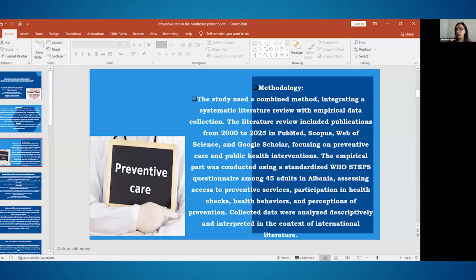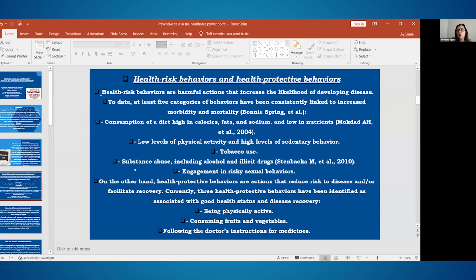We have used the standard WHO STEPS questionnaire. The data collected were analyzed and interpreted in the context of the international literature also.